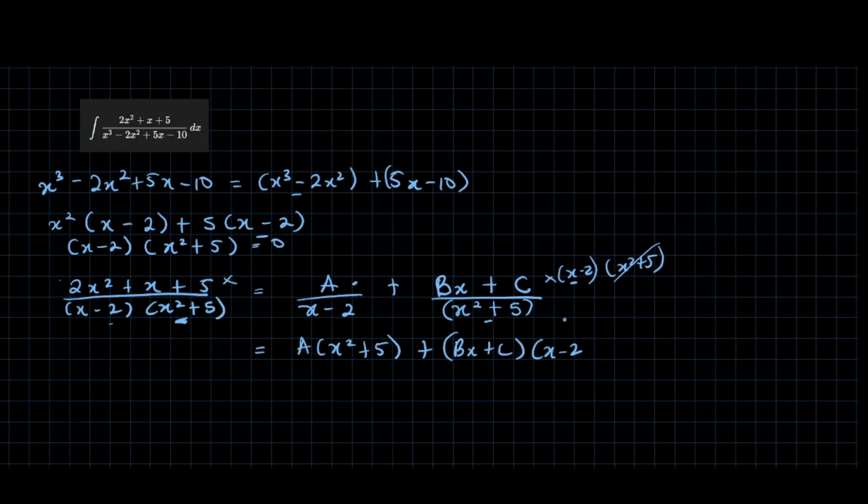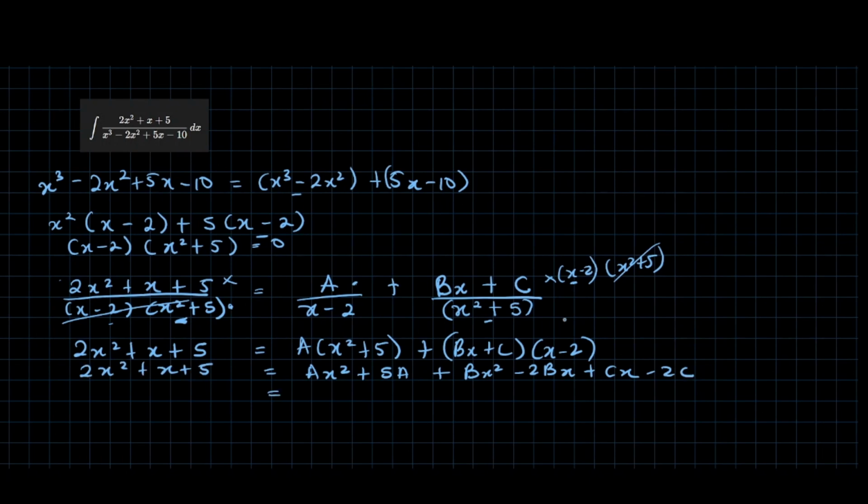On the right side, it cancels everything, leaving you 2x squared plus x plus 5. Now we're just going to expand this, which will be Ax squared plus 5A plus Bx squared minus 2Bx plus Cx minus 2C.